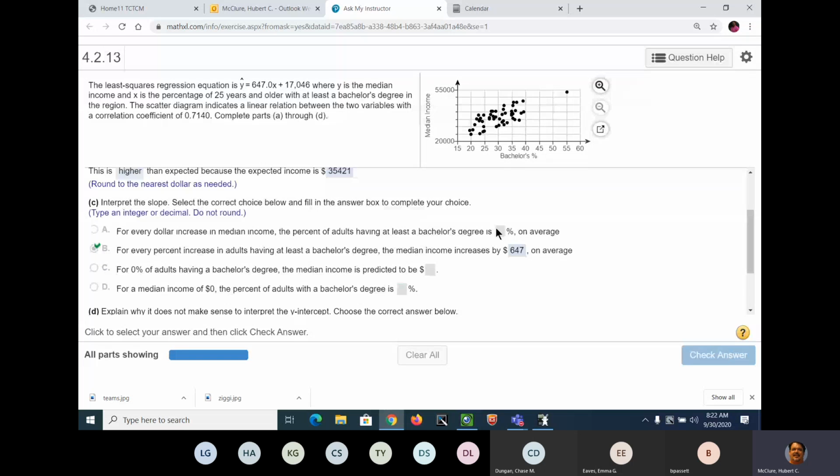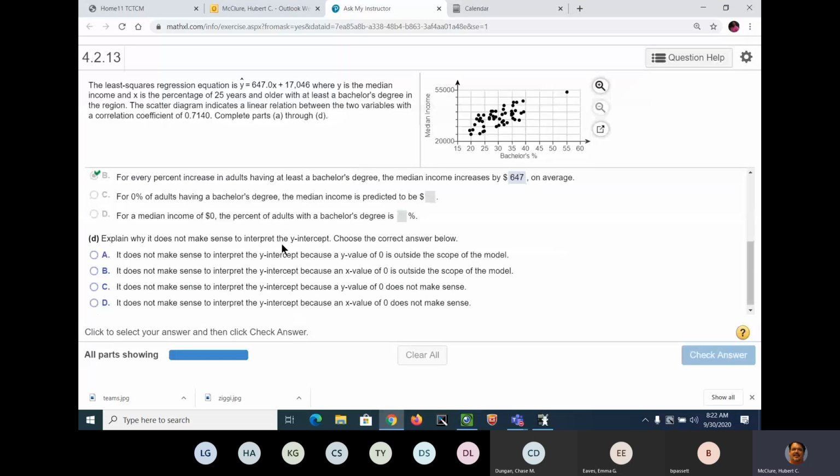Explain why it does not make sense to interpret the y-intercept. Well, the reason is it's out of the scope because they're starting at 15%. If you have a company and 0% have a bachelor's degree, that means something as far as income.